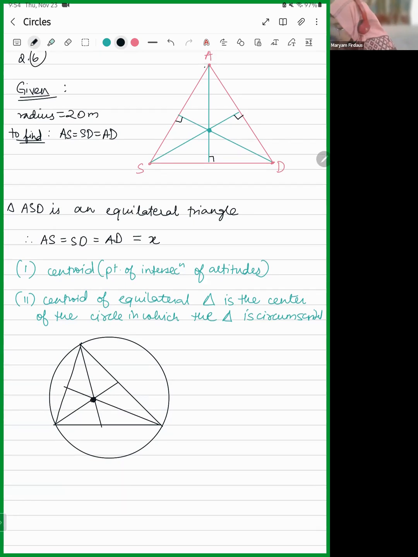But you can see that clearly it is not the center of the circle, because the center of the circle, this is the circle, the red one, is this one. The center of the circle is different from the centroid. Why? Because this triangle that I have drawn happens to not be an equilateral triangle. That's why this is happening. So when this triangle becomes an equilateral triangle, the centroid of the triangle and the center of the circle will be the same thing. They will be coincident.